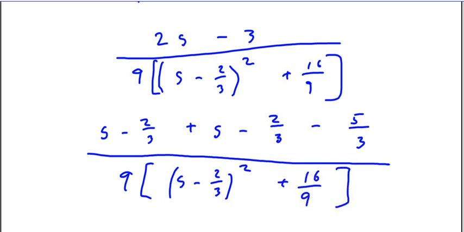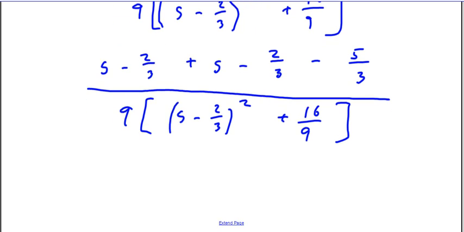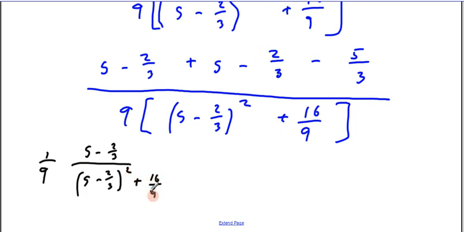Okay, that's nice. Now I'm going to divide this guy up some. So I've got 1 over 9, s minus 2 over 3 divided by s minus 2 over 3 squared plus 16 over 9.